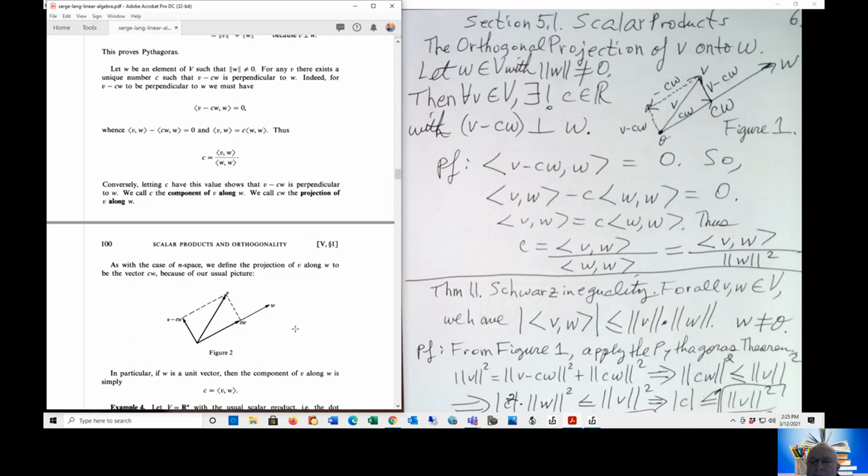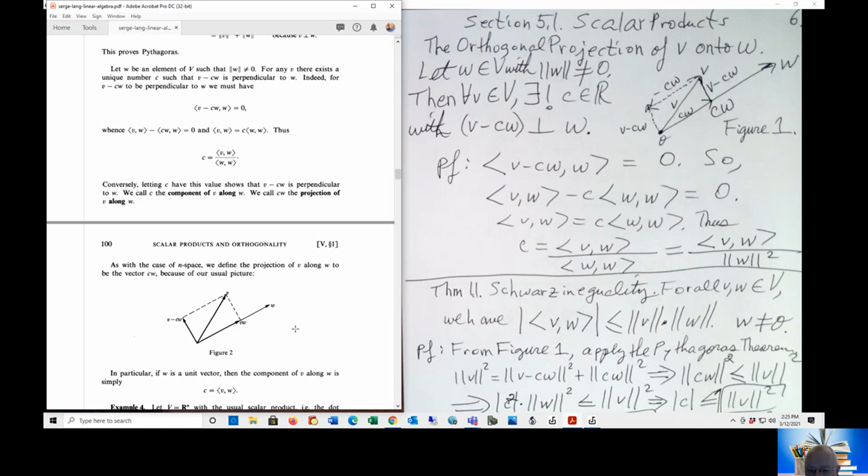So if we just set it up this way, by looking at the inner product of v minus cw with w, set it equal to 0 because we want it to be perpendicular. And just use our SP2 and SP3. We have the inner product of v with w minus c times the inner product of w with w is 0.